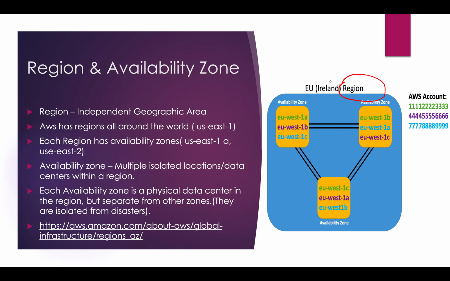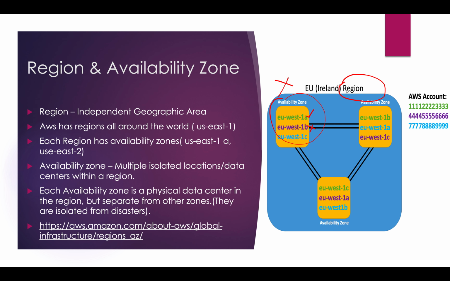Just a small example: Ireland is one of the regions, and in it we have availability zones West 1A, West 1B, West 1C. That means these are like data centers. If one data center is not working, it can use a different one. If any disaster happens and the whole availability zone is not working, then it can use another availability zone.